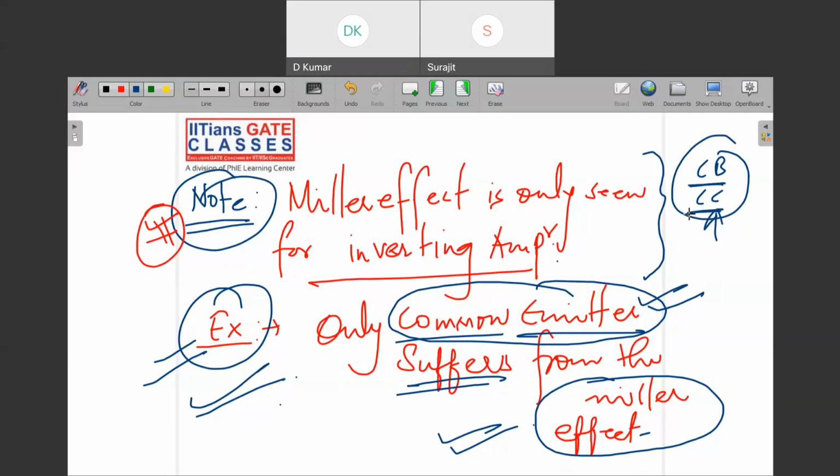Is there any 180-degree phase shift when you determine the gain of a common collector amplifier? No. For the Miller effect there should be a 180-degree phase shift, just like an inverting amplifier. So always recall the inverting amplifier: in common emitter there is an inversion. In this manner we can keep it in mind.